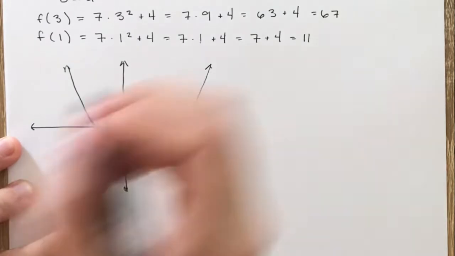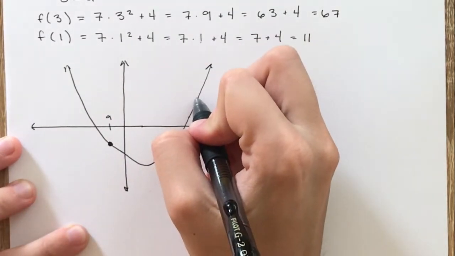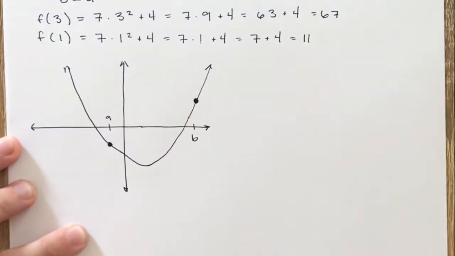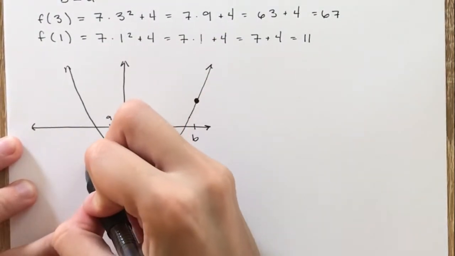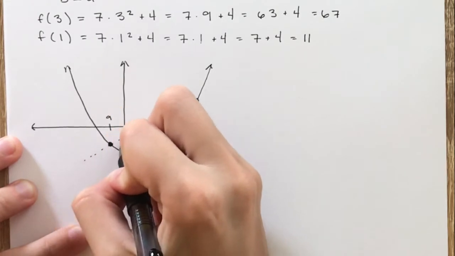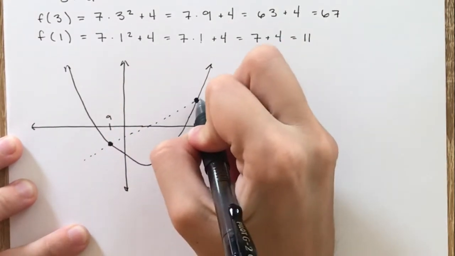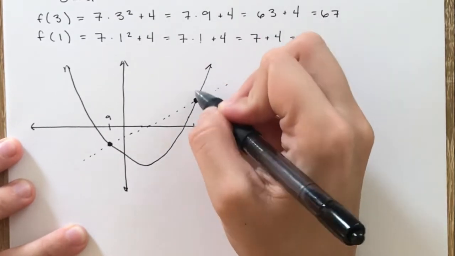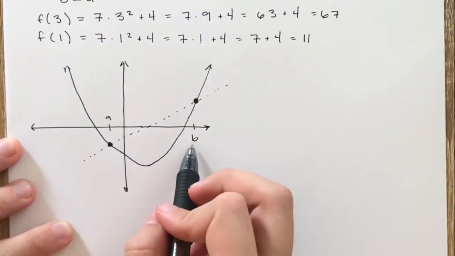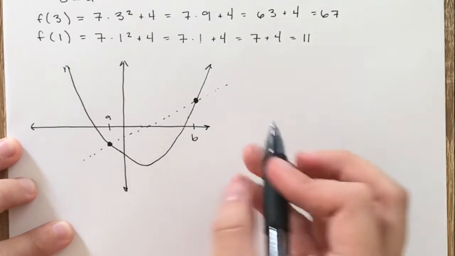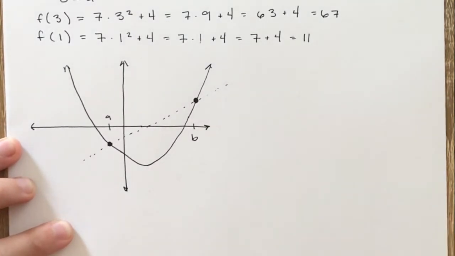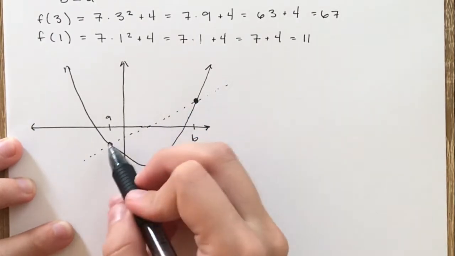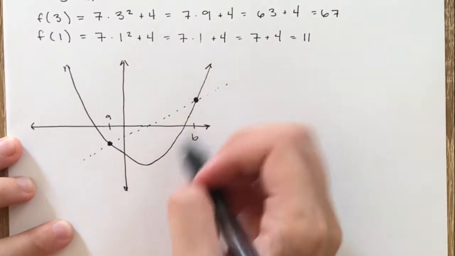So, for instance, points A and B. We were finding the slope of this line because the slope of this line told us how much our output values were changing as our input values get larger, right? But that's very specific, right? That means we have this average rate of change for this very specific set of points on this graph.